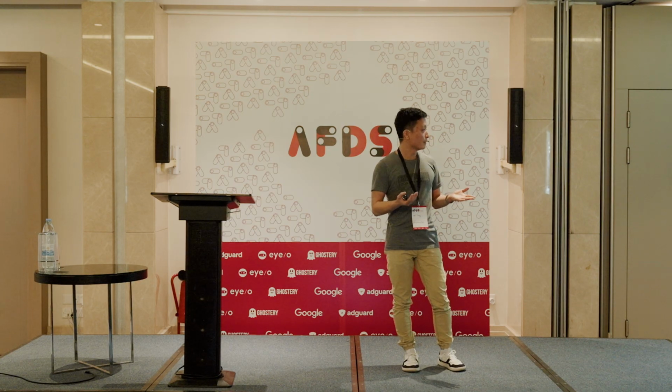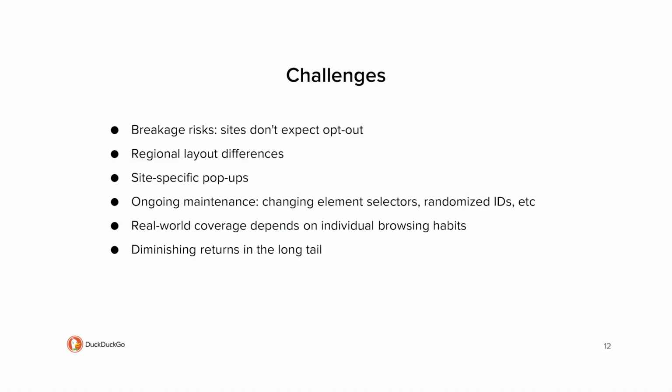Yeah, so this has been working for us so far, but of course, as with any privacy protection, there are challenges. Like there are breakage risks. Sometimes sites just break when you reject cookies in all kinds of weird ways. As I already mentioned, there are regional layout differences.